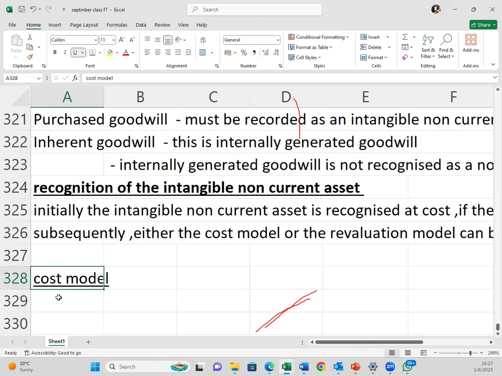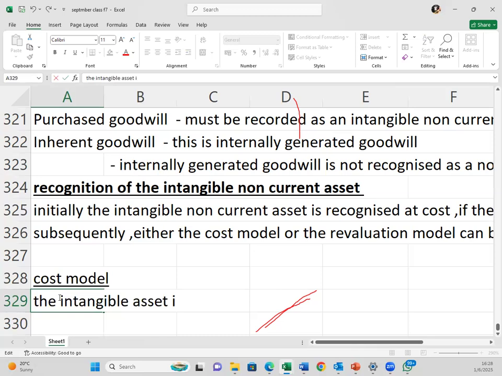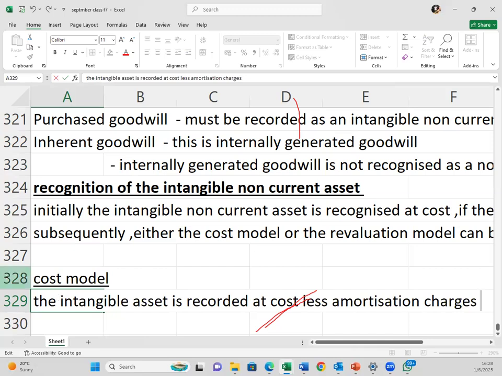If we are using the cost model, we record at cost less amortization. So the intangible asset is recorded at cost less amortization charges.